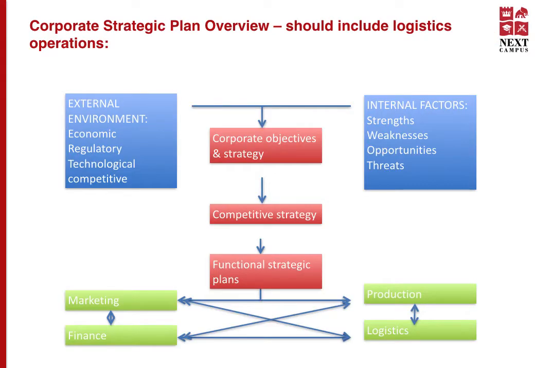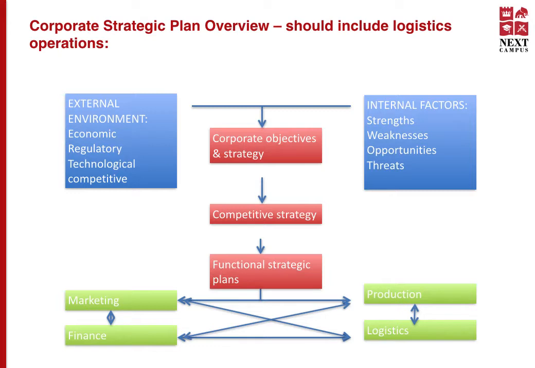Organizations should include logistics operations in their corporate strategic plan. The external environmental factors and internal factors of an organization would generally influence the development of the corporate strategy of an organization.